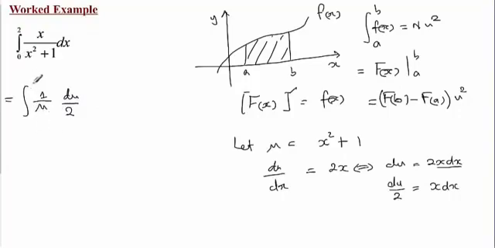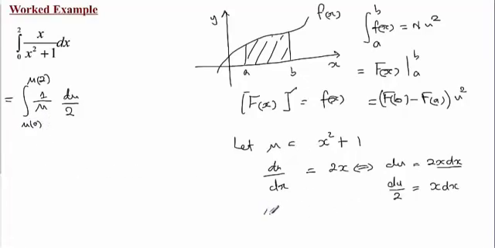What actually happens is we've got to take our u and evaluate it at the upper limit, so u evaluated at 2, and at the lower limit we also take u and evaluate it at the lower limit.